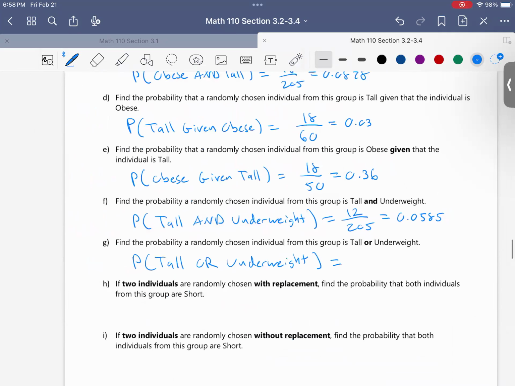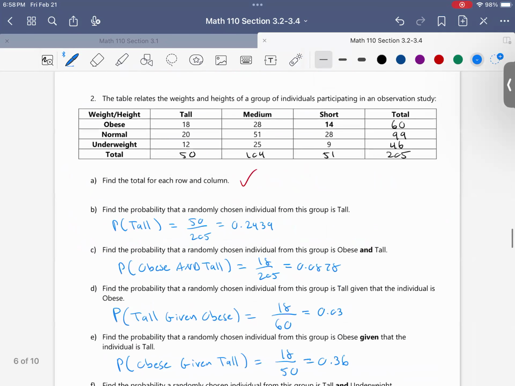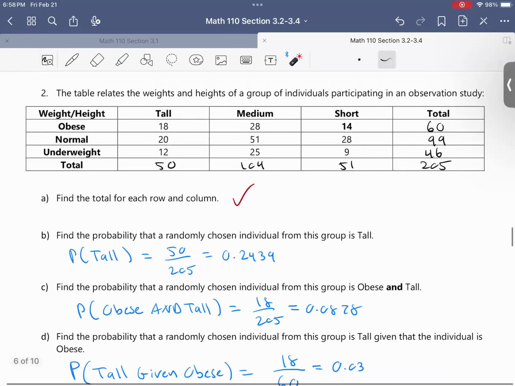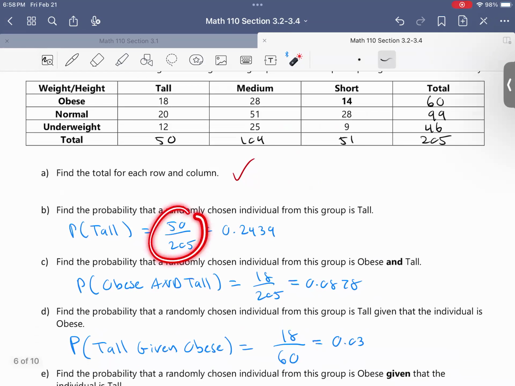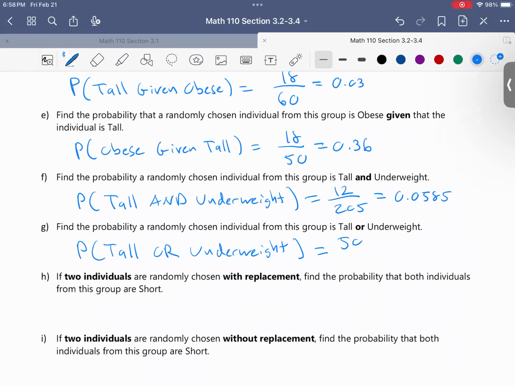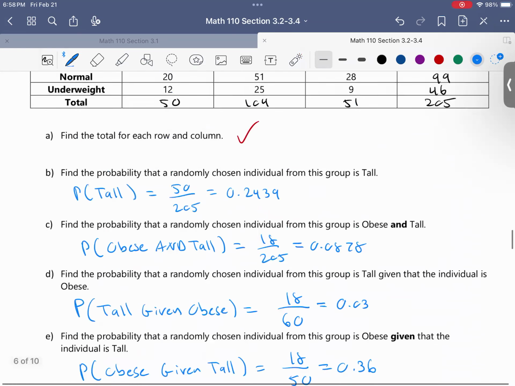Okay, so since it's or, we're going to add up those probabilities. So probability of tall, we already calculated this, which is 50 over 205. So let me go ahead and write that down. We want to add it to the probability of underweight.